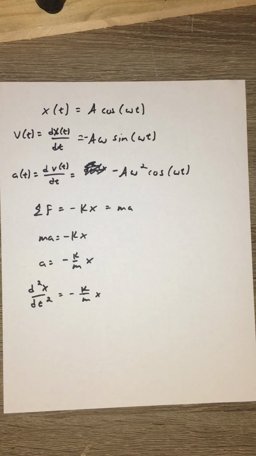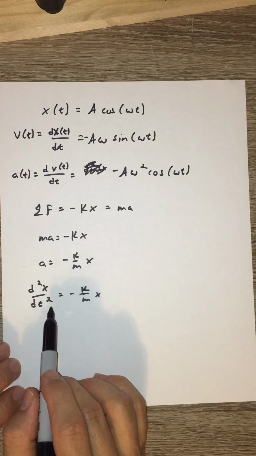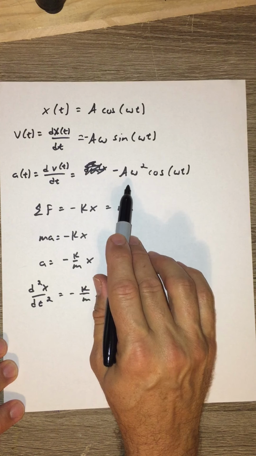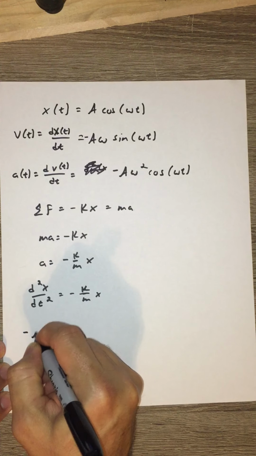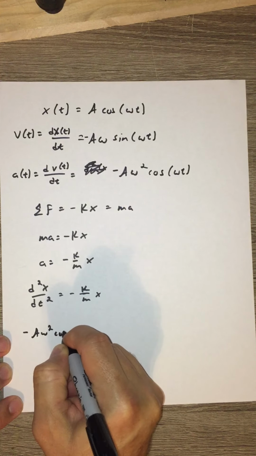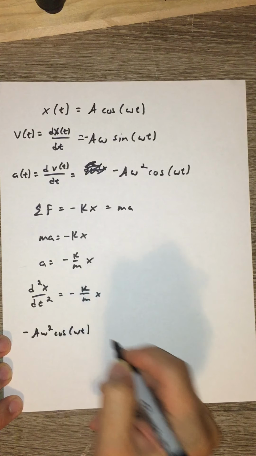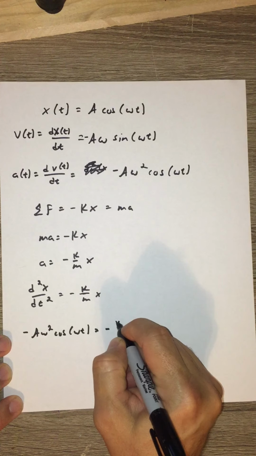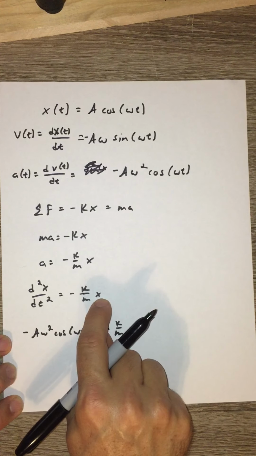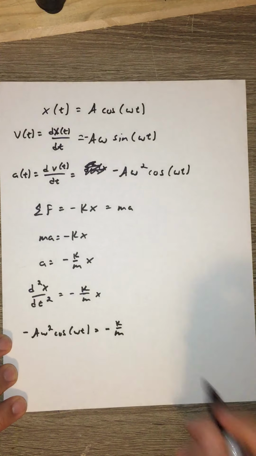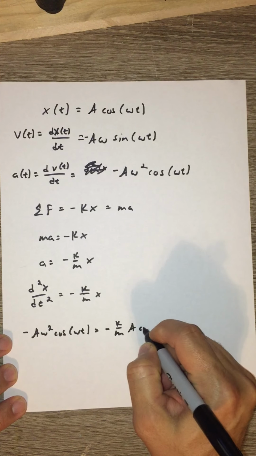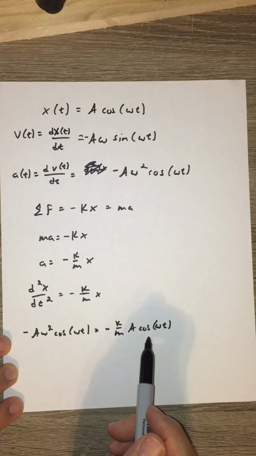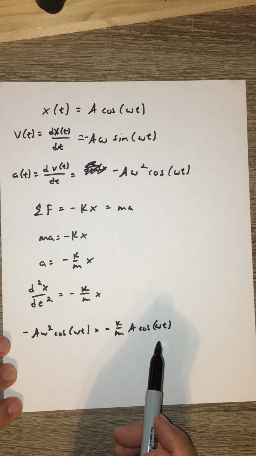So when I have this now, I can plug in d squared x dt squared, which is here, and I get minus A omega squared cosine omega t is equal to minus k over m, and instead of writing x, I'm going to write what x is, A cosine omega t. That's very interesting, right?